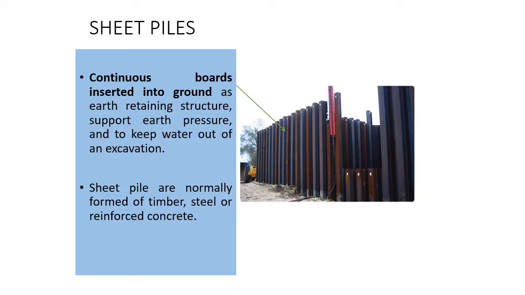Sheet piles ni actually adalah continuous board inserted into ground as earth retaining structure. It will support the earth pressure and also will keep the water out of an excavation area. Sheet piles are normally dibuat daripada timber, steel ataupun RC.